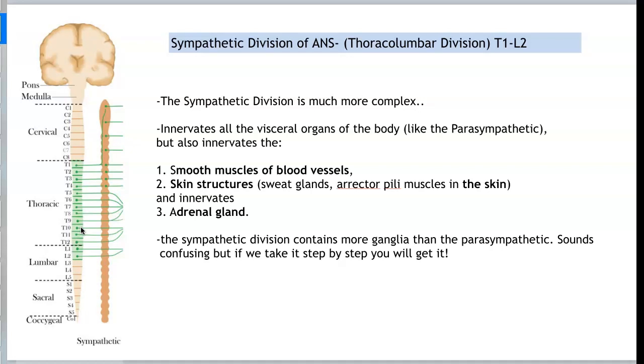The sympathetic division is much more complex than the parasympathetic division.